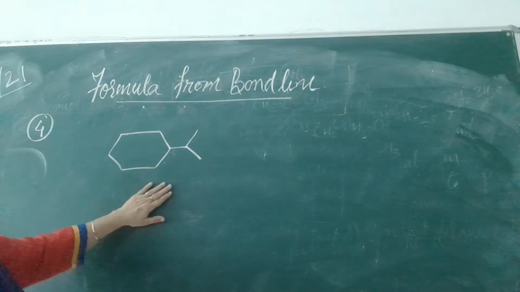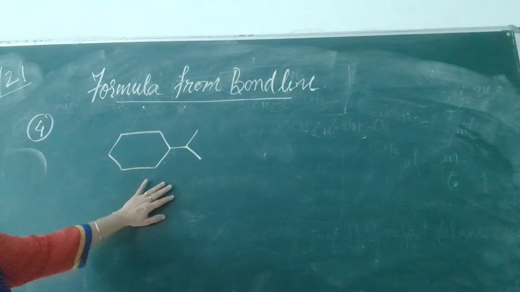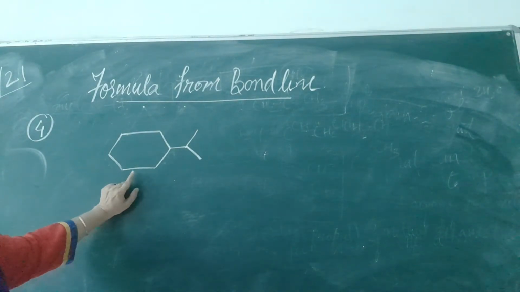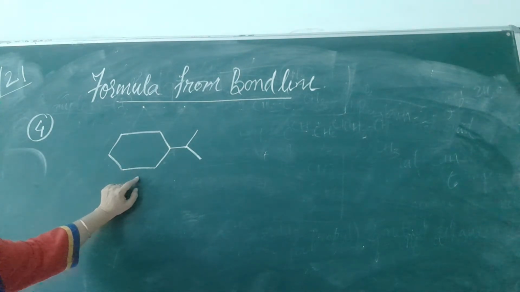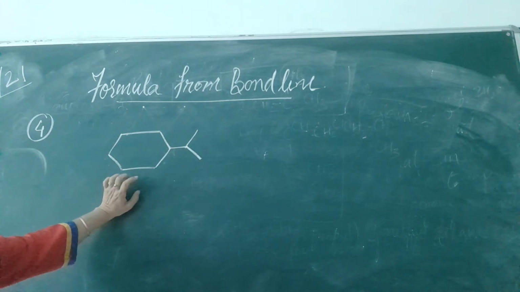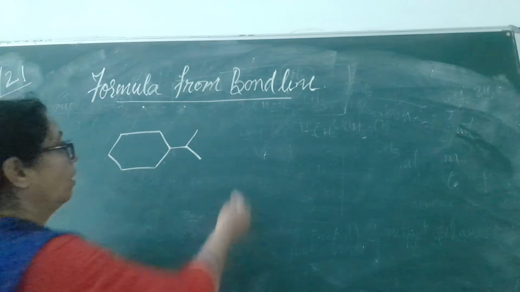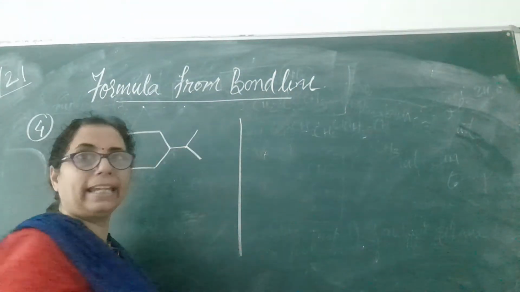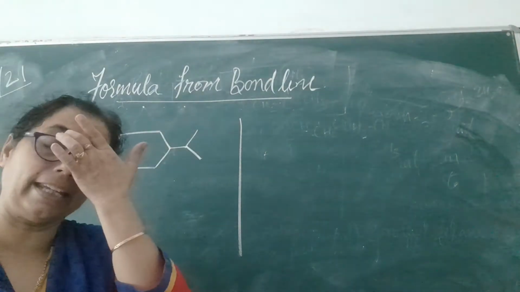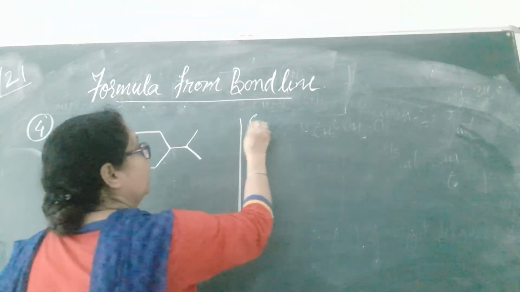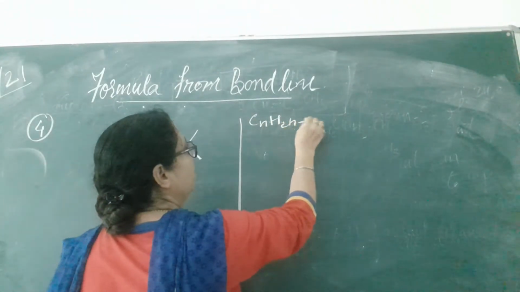Now children, see this fourth example. This structure does not represent benzene. It represents cyclohexane. Though we have not come across this word before, I am going to teach you something else here also. Whenever we write alkane, you have seen that alkane has the formula CnH2n+2.